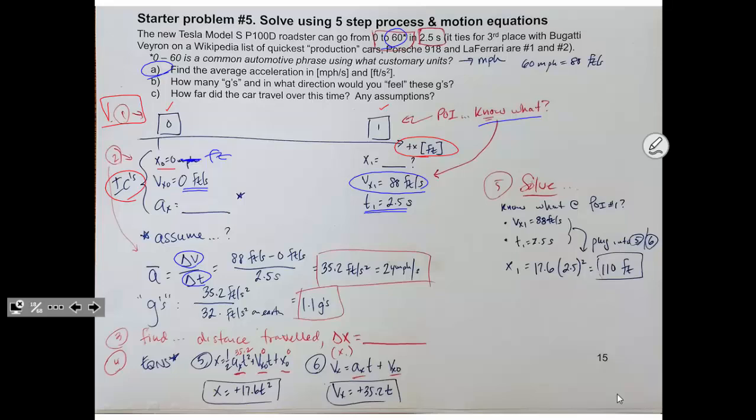And now, what about my assumption here? Is this a constant acceleration at 35.2 feet per second squared? Or is it non-uniform? If it's non-uniform, technically I can't use my constant acceleration equations. And we've seen on the Corvette problem that we did, it's certainly not a constant acceleration when that Corvette was going from 0 to 200 miles per hour.